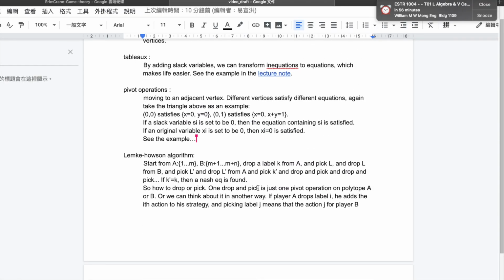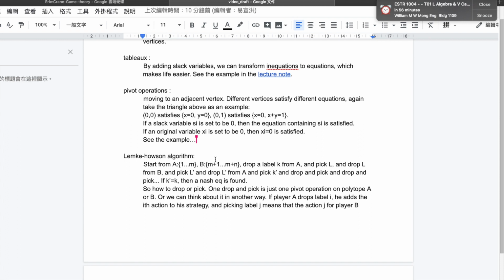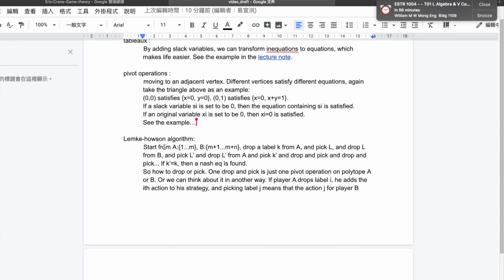By these concepts, we can learn the Lemke-Howson algorithm. We start from player A has labels 1 to n, and player B has labels n plus 1 to n plus n, which means that all possibilities for all the possible actions of A are 0.